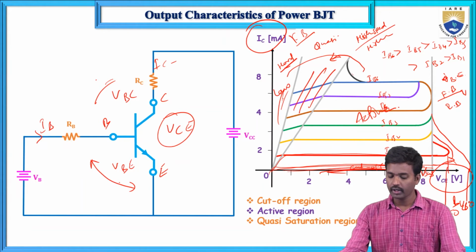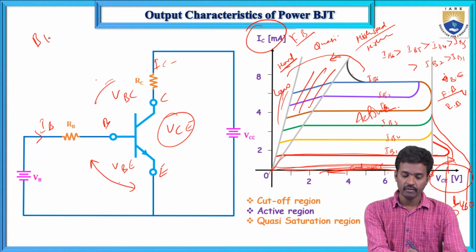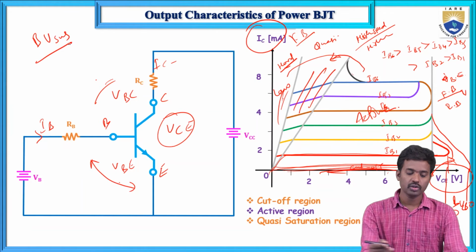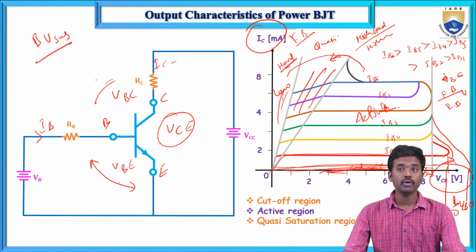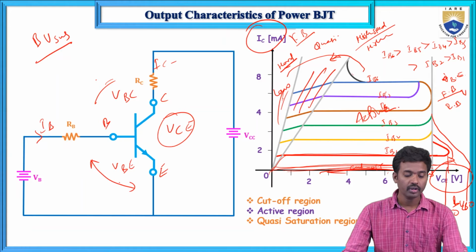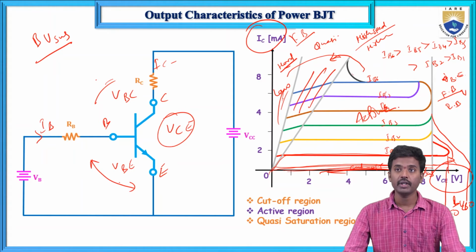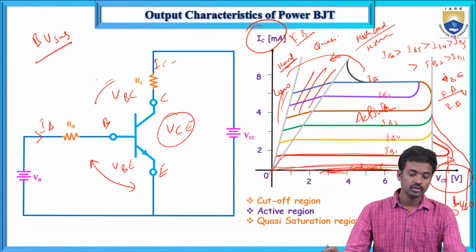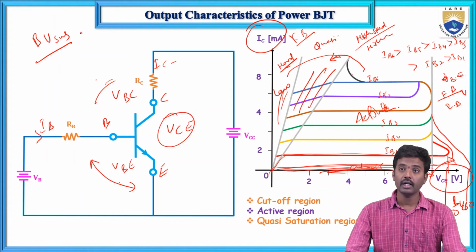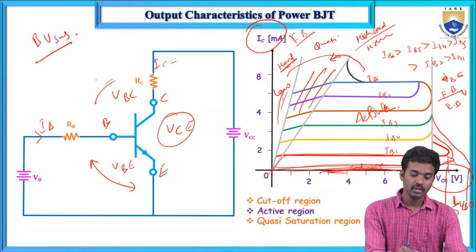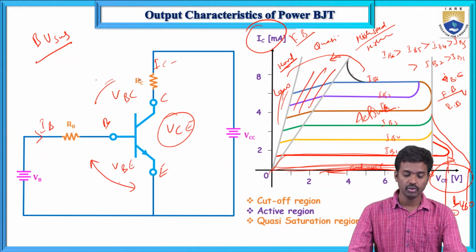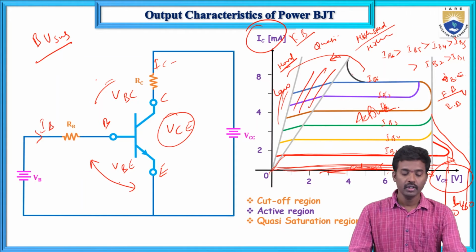So what is meant by BVSUS? This is the collector emitter voltage that can be sustained when the collector is carrying current. Such a voltage is known as BVSUS.